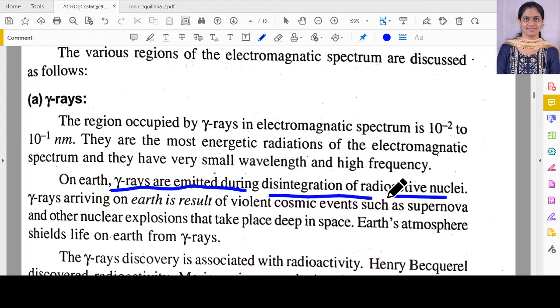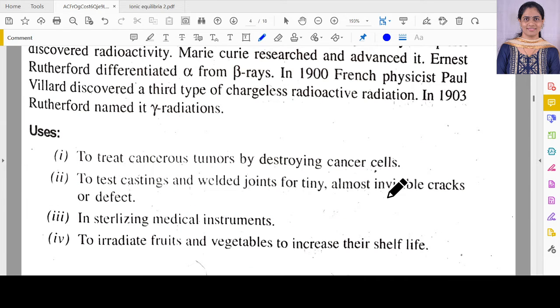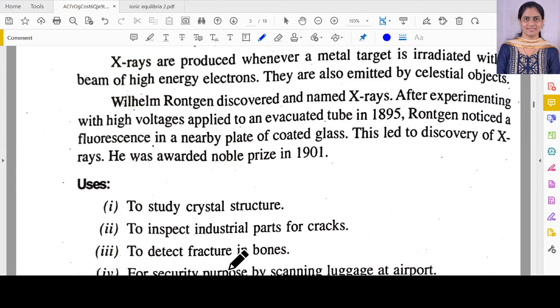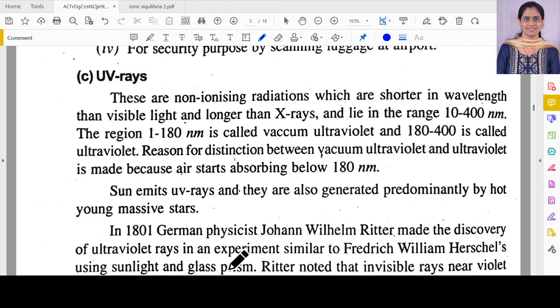When some radioactive nuclei disintegrate to form new stable nuclei, at that time gamma radiations are emitted from that unstable radioactive nuclei. And just go through the uses of each radiation. That day we discussed all the uses, so go through them for every radiation. Just remember its wavelength, where it lies in the electromagnetic spectrum, and its uses.